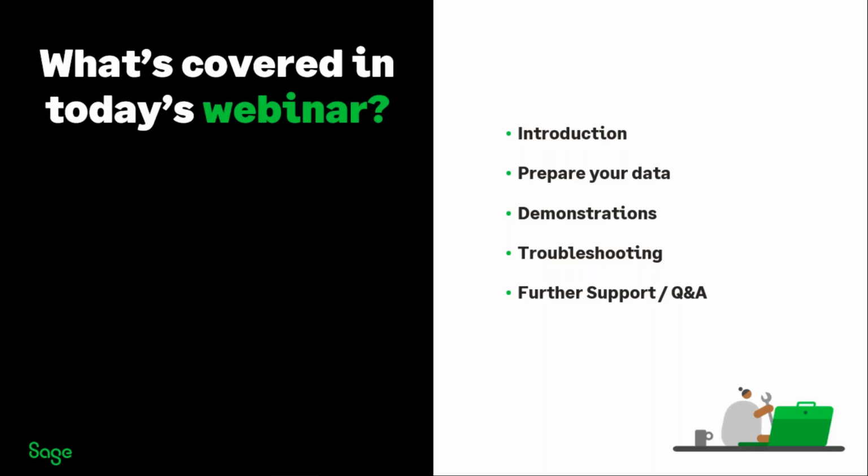During the demonstrations, I've put a couple of errors in there that are quite common when it comes to Sage 50 accounts and phone calls that we get into our technicians. So there's a couple of Easter eggs in there for you, but I'll explain them as we go along. After this, we'll recap with some troubleshooting, some other common call drivers, as we call them, and then we'll have some support and a Q&A at the end. But remember, if you could, just a bit of patience with that one, because it's just me today. Now, without further ado, let's begin.